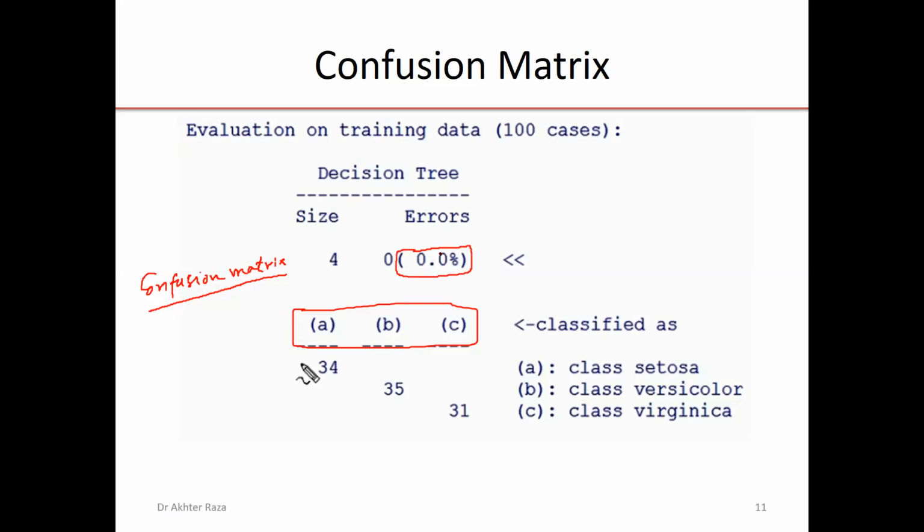The decision tree, 100 cases are correctly identified by this model. The 100% accuracy is here.